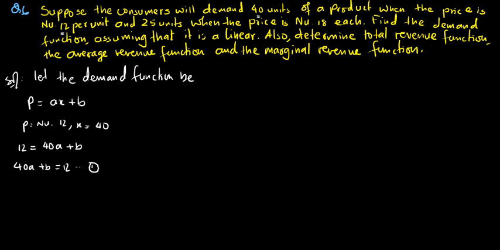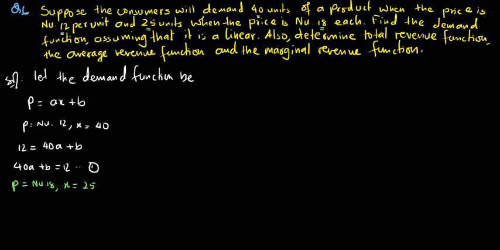Okay? Now next is when price per unit P is equal to 18, 25 units were demanded.